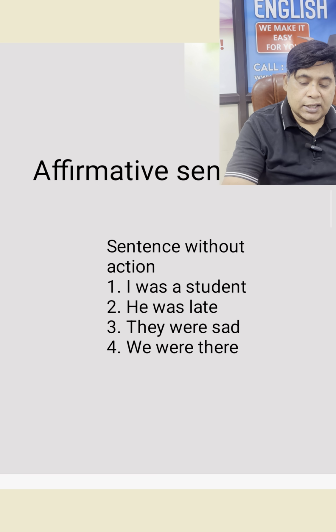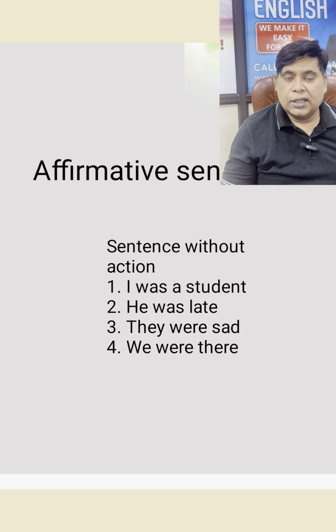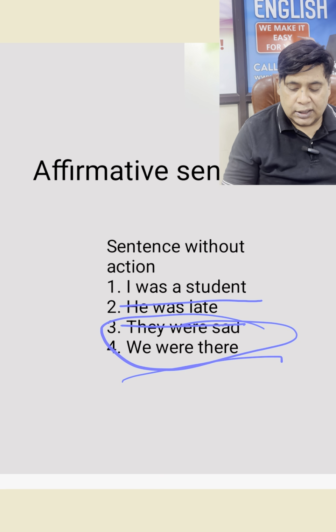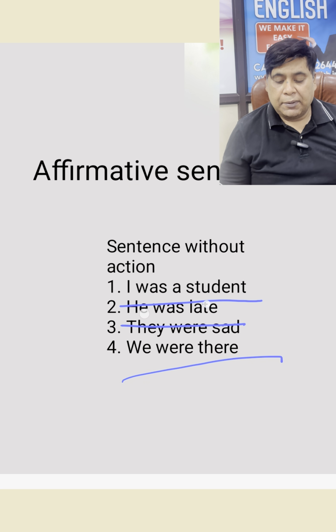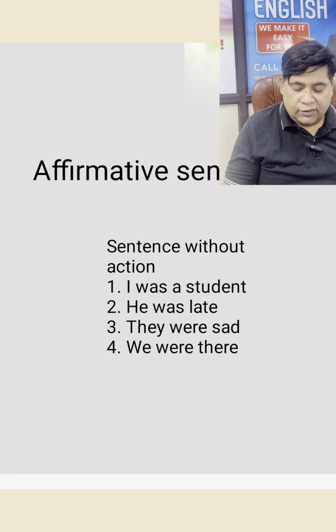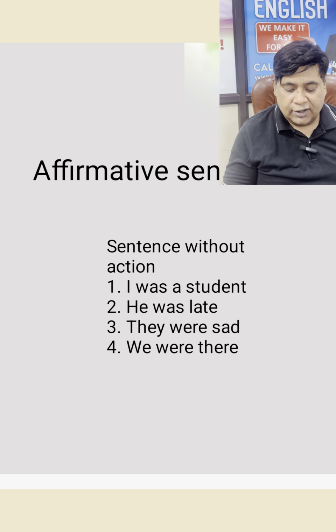But if there is no action involved, like "I was a teacher," we cannot use the second form of the verb. Let's look at these sentences without action: I was a student, he was late, they were sad, we were there.